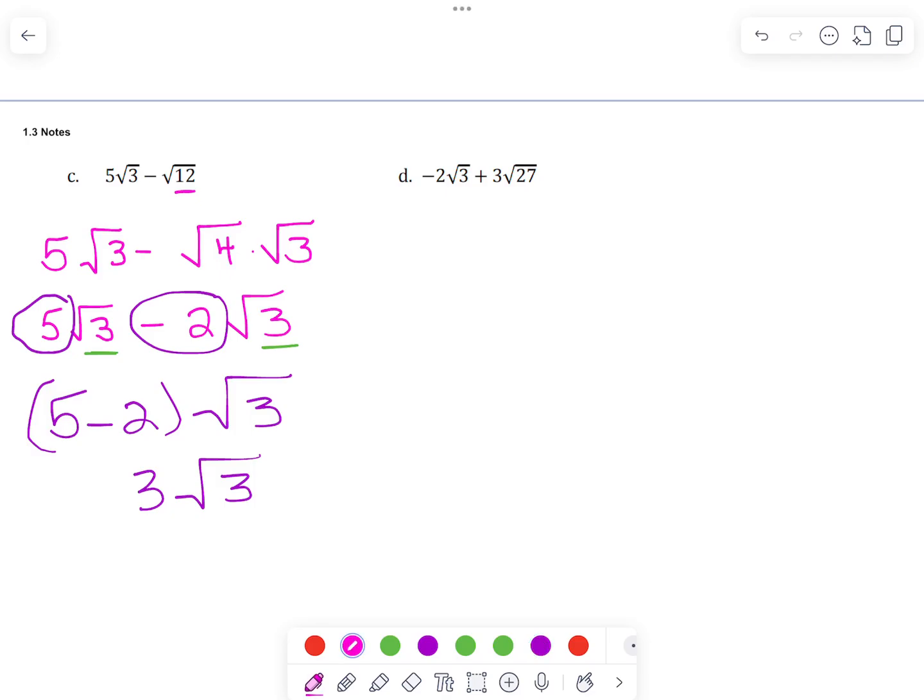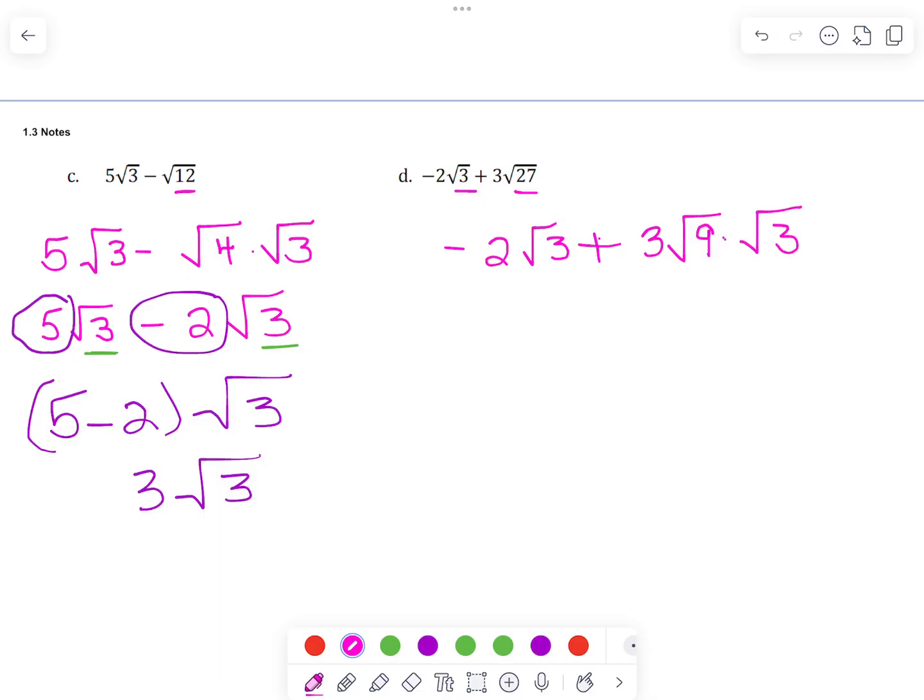All right, next one. Again, they're not alike yet. We have a square root of 3 and a square root of 27. We can't combine them together yet. But we have to first see if we can use our product property and simplify that square root of 27. So we get negative 2 square roots of 3, stays as it is, plus, and I'm going to use my product property, I'm going to break down 27 as the square root of 9 and the square root of 3.